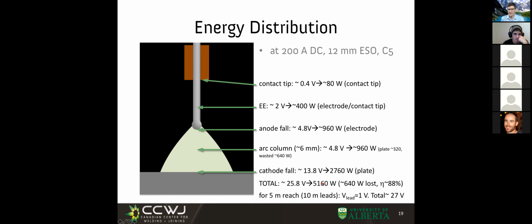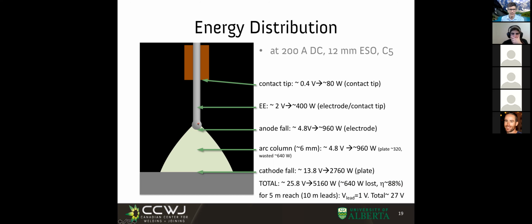And this gives us 5.16 kilowatts, right, of energy used from the electrical outlet, of which 640 watts, these from the arc column, are lost, and gives us a thermal efficiency of the process of 88%, right?